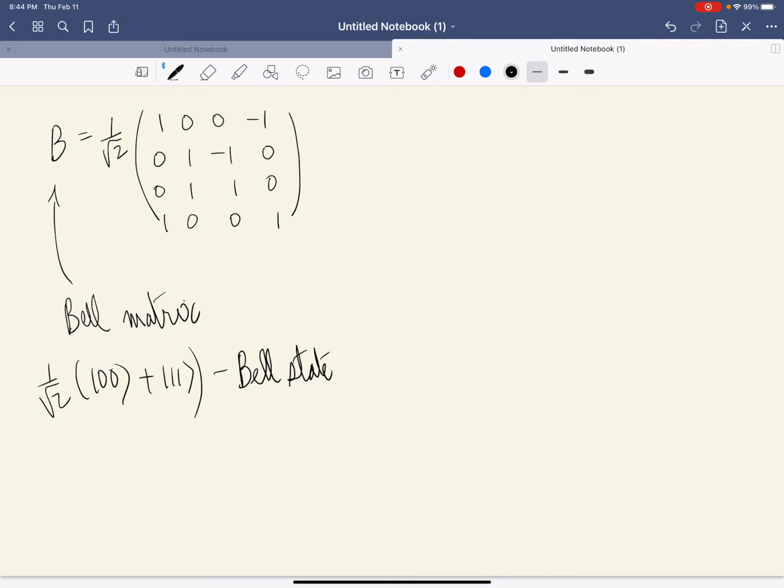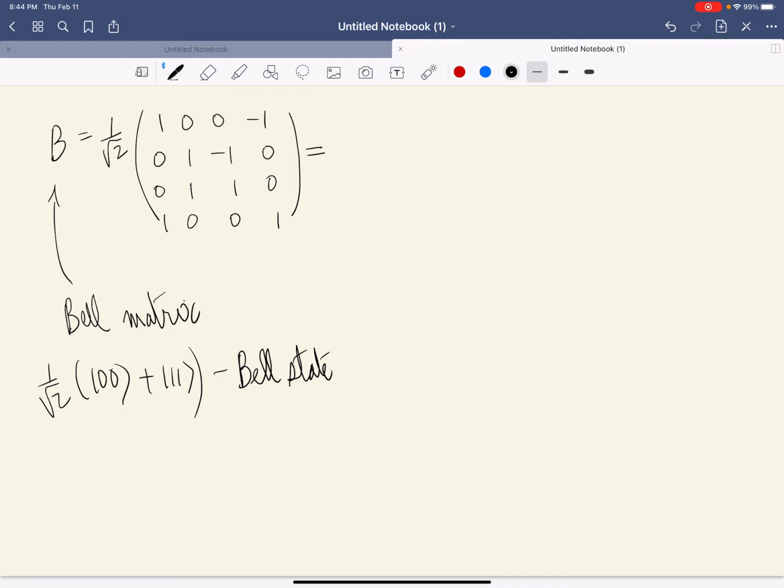Bell is the name of a guy who proved an important theorem in quantum information science. Although I will not go into the detail of what Bell's achievement was, it's probably necessary and useful to introduce his name to the students at this early stage.